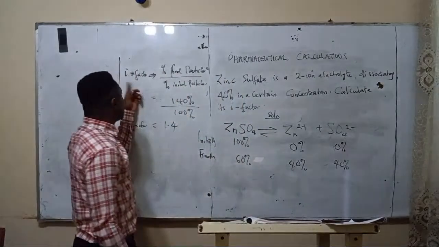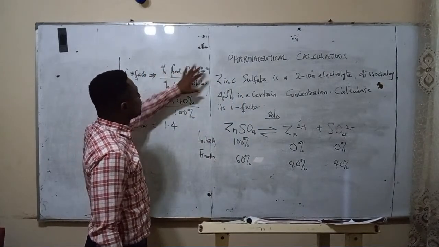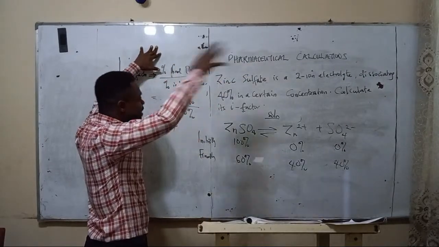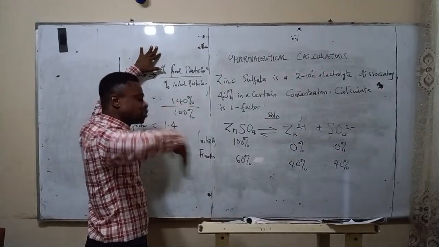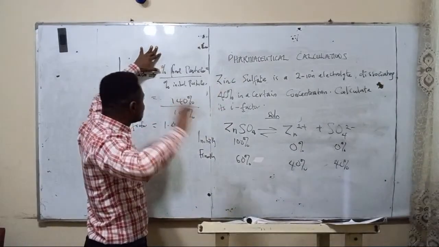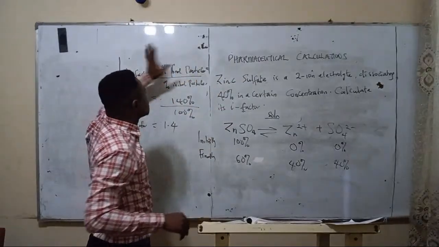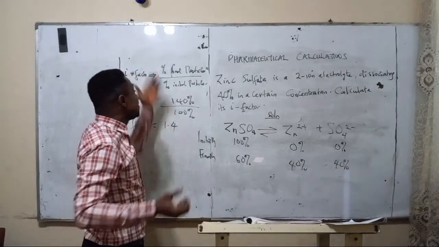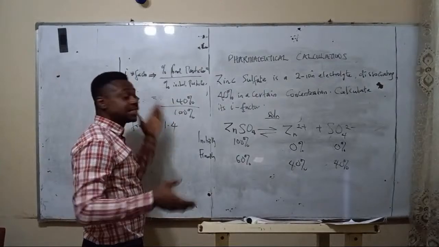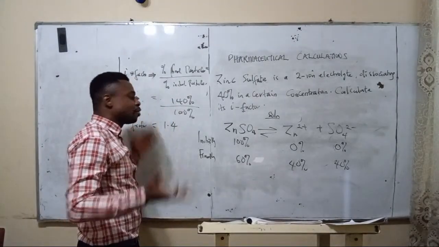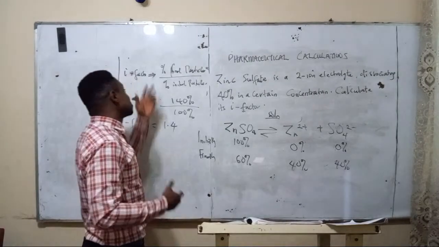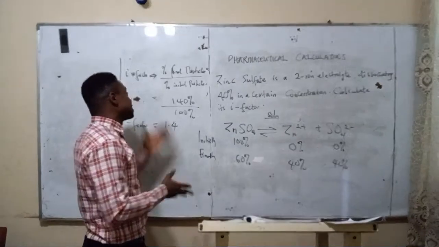So the I factor is the final percentage of particles over the initial percentage of particles. You can also say the number of final particles over the number of initial particles. It's okay.